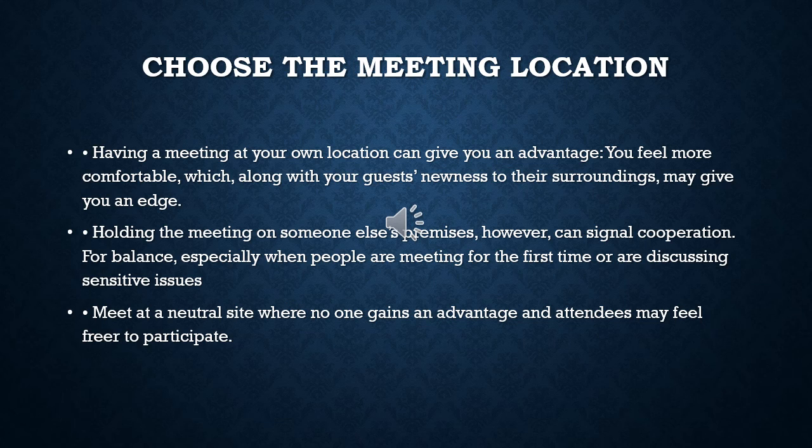That would make them feel good because you're signaling cooperation with them. Or you can go for neutral places, which is very common nowadays, where people meet in different cafes. So you can go for a third party, a neutral site.